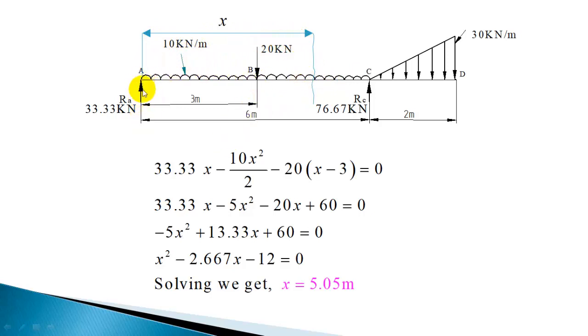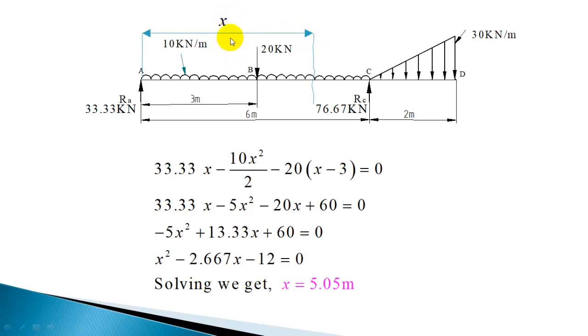So this force is producing a clockwise moment, 33.33 x. Now the moment produced by this UDL part, UDL 10 kilonewton per meter. For x meter the load is 10x, and it will act at the center of x.